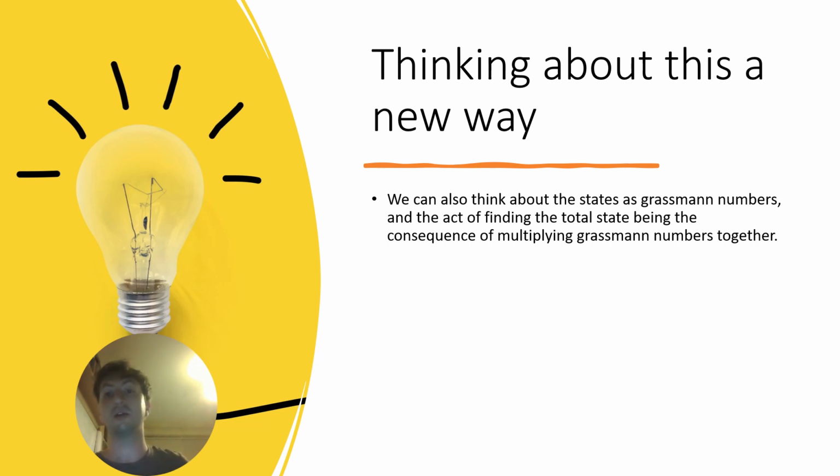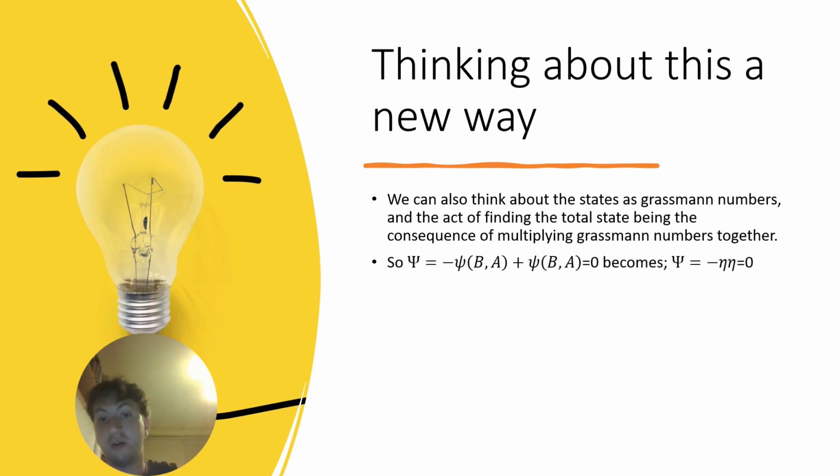And now we're going to describe that same thing using Grassmann numbers. So in Grassmann numbers, when we're finding the total states of a system, we don't add the individual classical states together. Instead, we multiply them. So, for example, if we're taking eta to be our wave function, then the total wave function for two identical particles in the same physical state, as we've seen before, is minus the wave function of BA plus the wave function of BA.